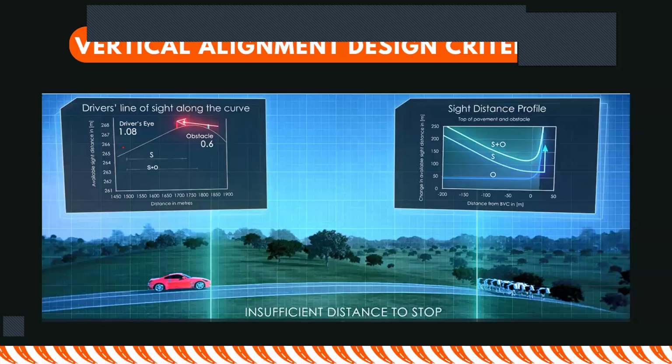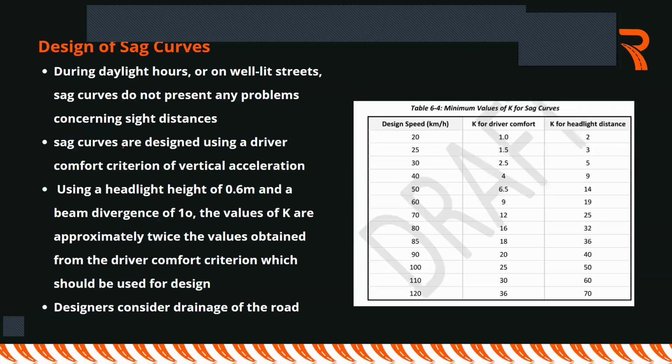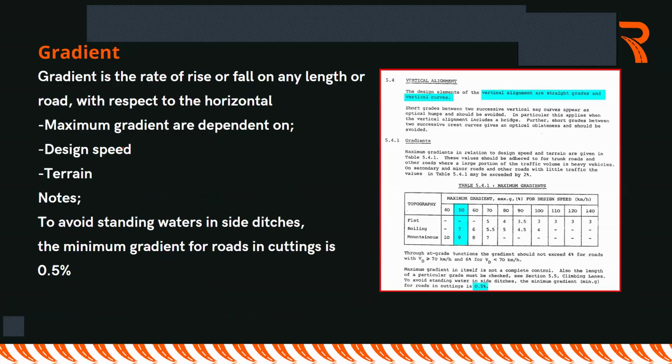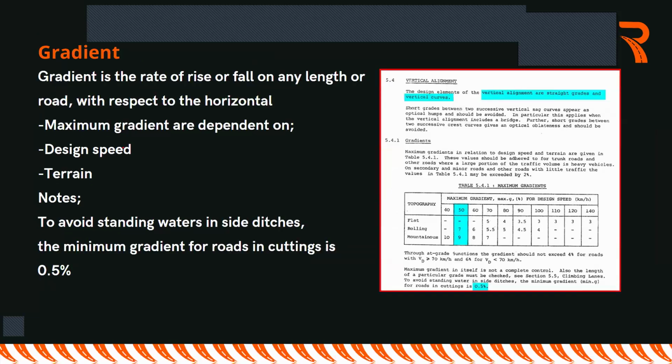The driver is not going to have enough distance to stop, and therefore will end up causing an accident at that very point. That brings us to the climax of this section, and we have been able to talk about the major aspects of the sag and crest.